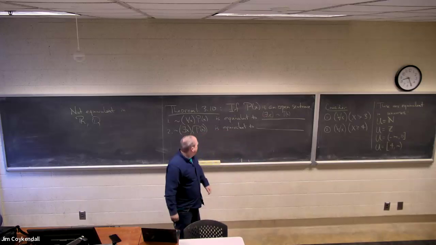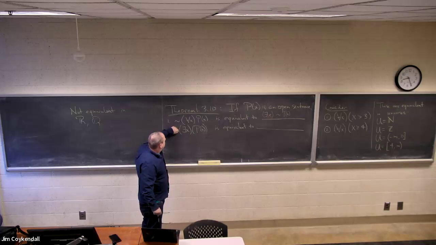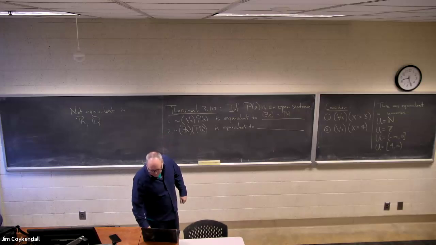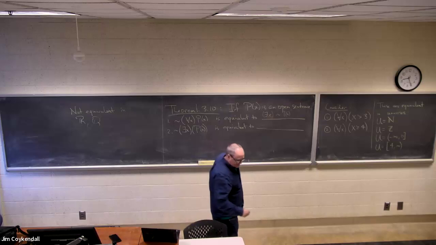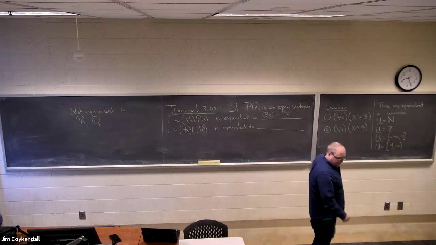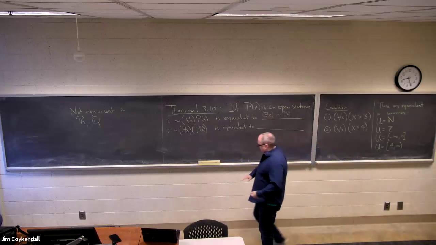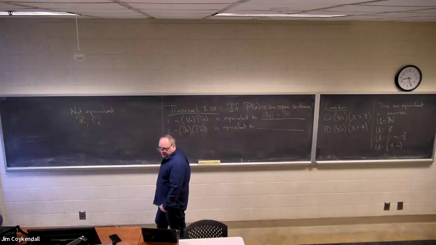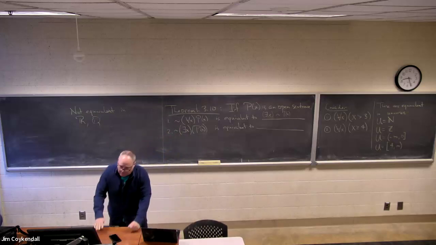Everybody agree with that? How about the negation of this? At least one x in the universe, p of x is true. What's the negation? The original statement before we negate it is, in the universe, there's at least one x for which this is true. Maybe all x, but at least one.